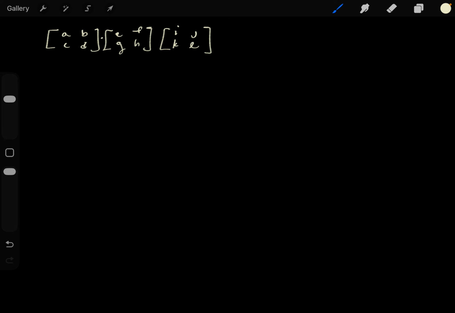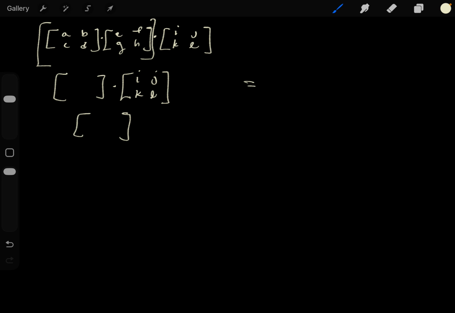If you do this first, you're going to get another 2 by 2 matrix. And then if you do I, J, K, L, you'll get some final matrix, and it needs to be equal to what you get if you did the other one first.